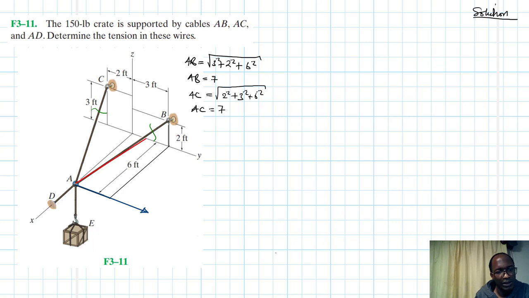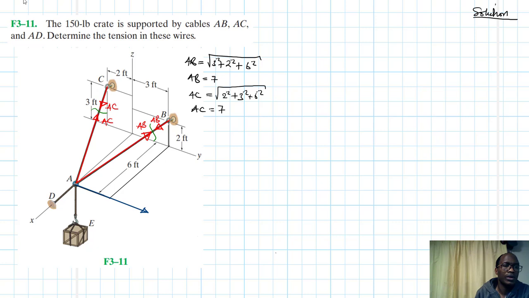We have sectioned these, and once we've sectioned them, you have a tension force, and so is that side. This is equal to AB, and this is equal to AC.